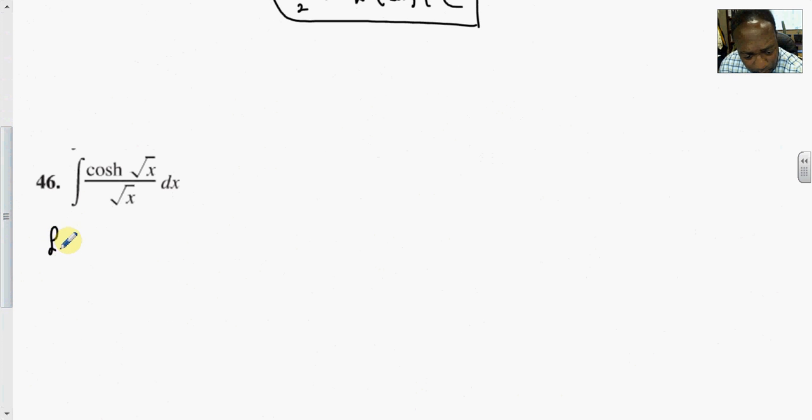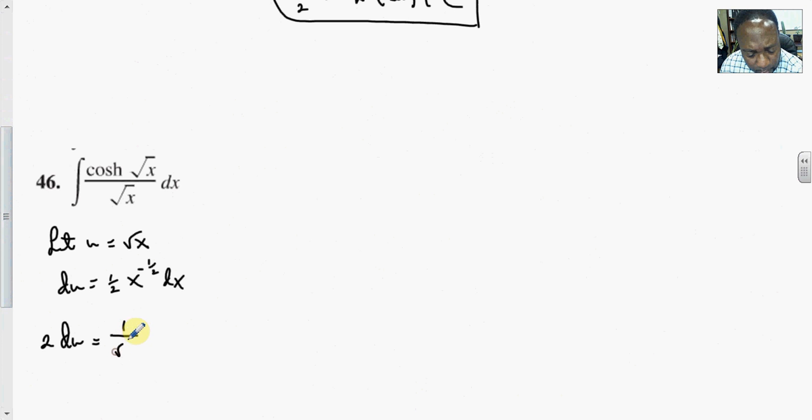Again, we'll use a u du substitution. Let u equal the square root of x. So du is 1/2 times x to the negative 1/2 dx. So 2 du is equal to 1 over the square root of x times dx. So what that gives us then is a 2, the integral.